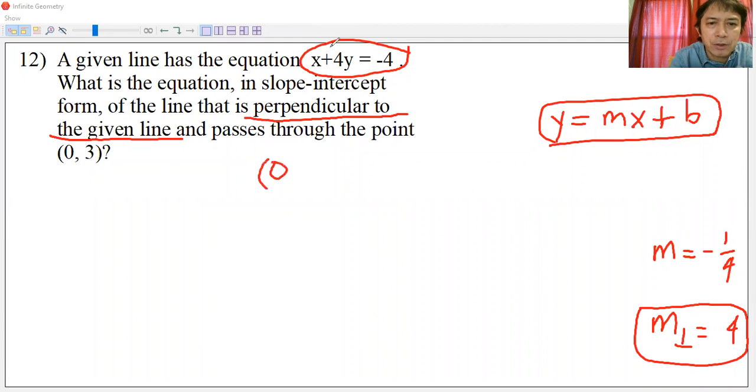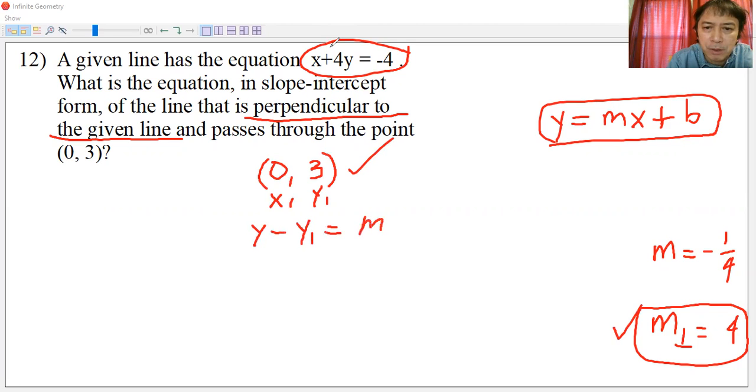It must be passing through the point 0, 3. This will now be our x1 and y1. We shall now use a point and a slope, so we are back to this formula: y minus y1 equals m times x minus x1.